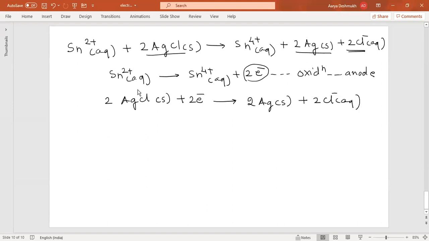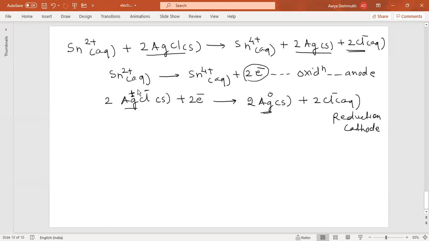Chloride ions are formed. In this way you can write the reaction where this Ag is actually plus 1 and this is minus 1, isn't it? The plus 1 is converted to oxidation state 0 for this solid Ag. So it is changing from plus 1 to 0, meaning this is reduction. Reduction means it should happen at the cathode. This must be your cathode.